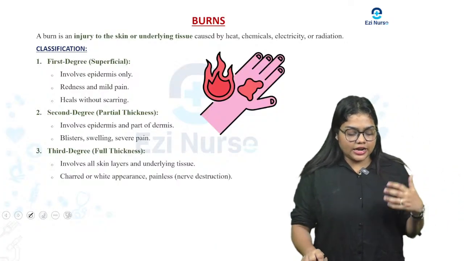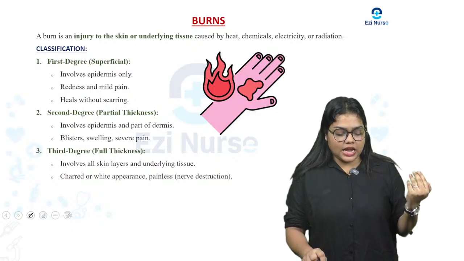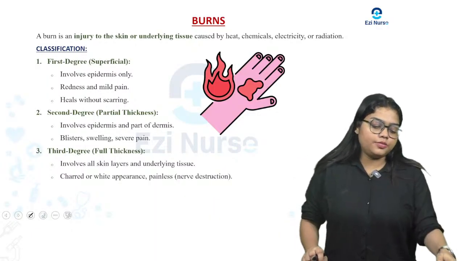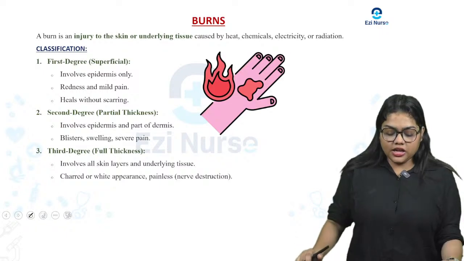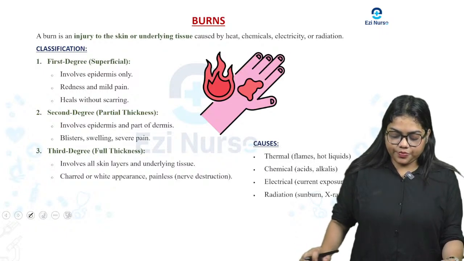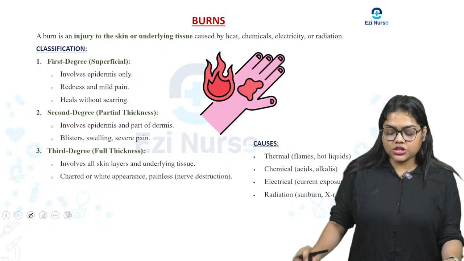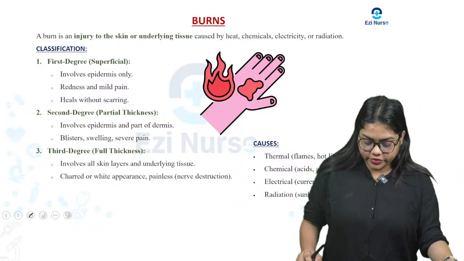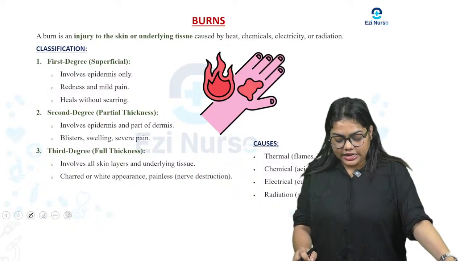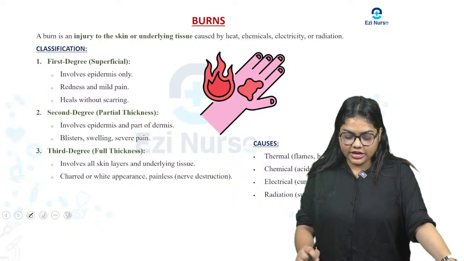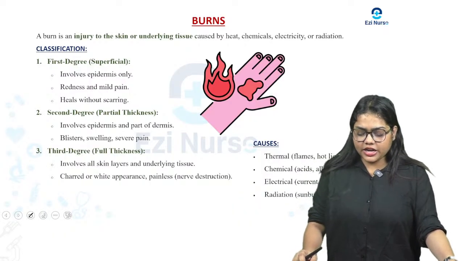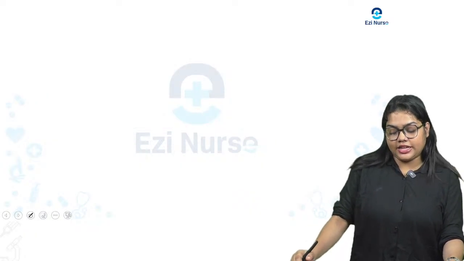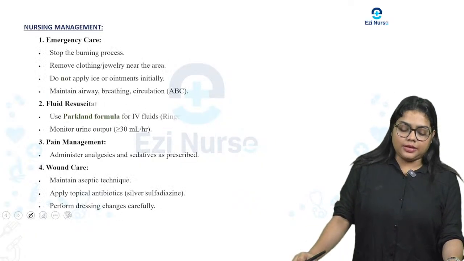It has a white appearance and is painless, because all the nerves will be completely damaged. Okay. So what are the causes? The causes of burns can be thermal, which is flames or hot liquids, chemicals like acids and alkalis, electrical current exposure, and radiation such as sunburns and x-rays. Okay, so these are the types of burn.